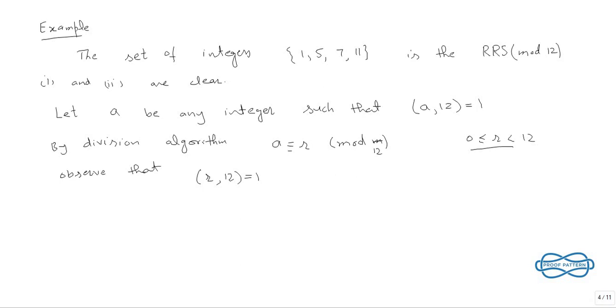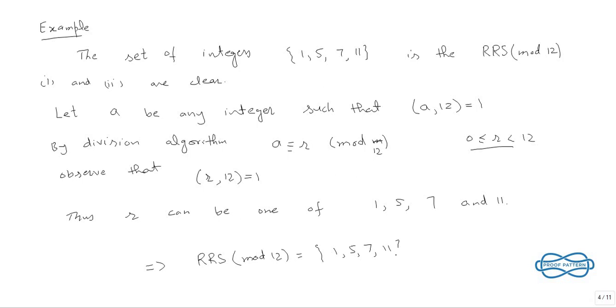So there are some possibilities for r, and thus r can be one of 1, 5, 7 and 11, and that is what we want to show. This means the reduced residue system mod 12 is equal to 1, 5, 7 and 11.